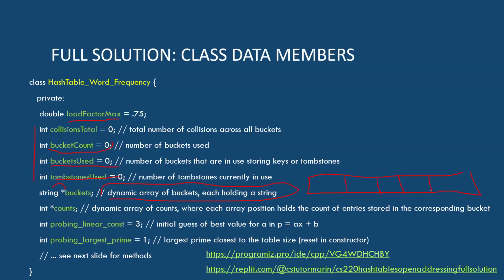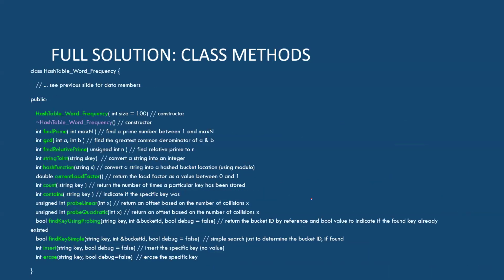So it's a pretty stable way to load up a whole lot of strings. A dynamic array of buckets, each holding a string. Sorry, not pointers, just a string. Each one of these will have a word, and then separately we'll have a counts bucket, so here's our dynamically allocated array of counts. We'll keep our probing constant here and a largest prime here in case we use our quadratic probing method. So those are the high-level things.